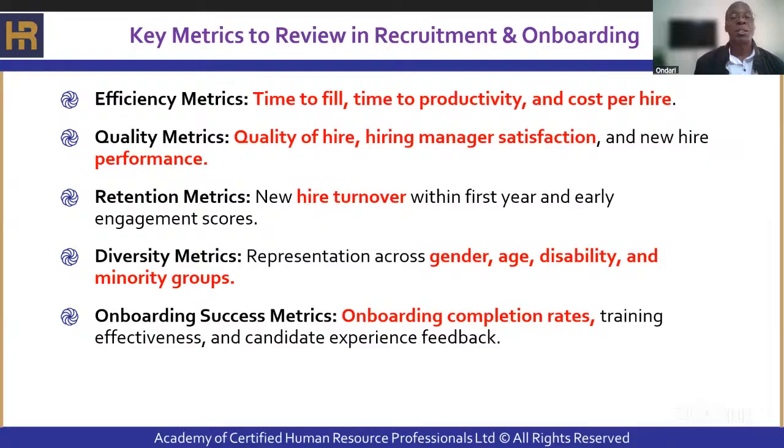Why? Because one, the applicants might have given up because they did not receive a response. Or two, those prospective top talents may have joined other organizations if the time to fill the vacant positions is long.